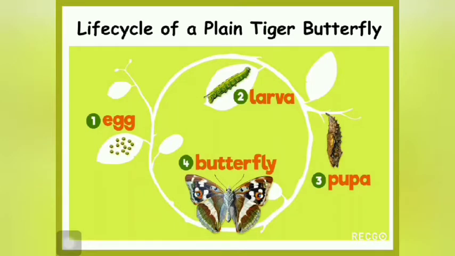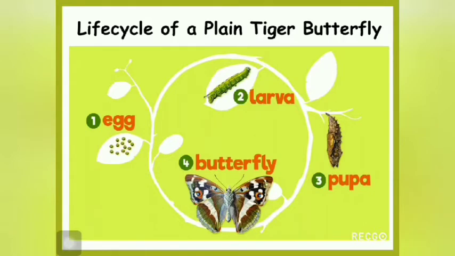However, inside the chrysalis, important changes take place in its body. For example, its legs grow longer, it gets attractive wings, its growth is completed inside the chrysalis. Then the adult butterfly emerges from the chrysalis.